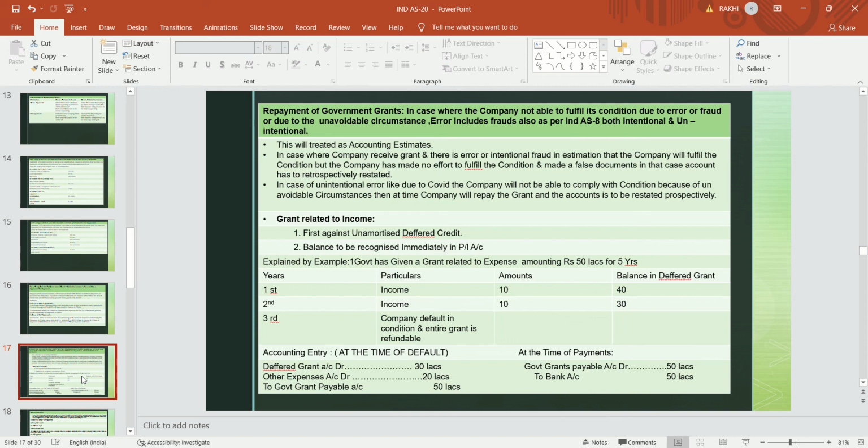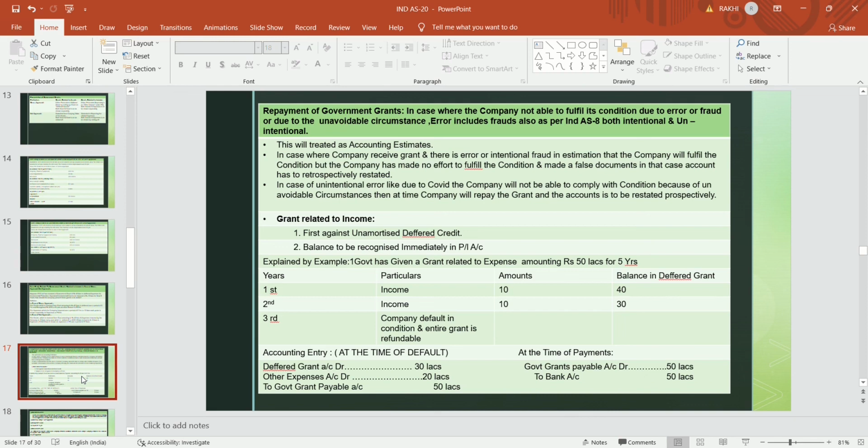In both cases they have to repay, but in unavoidable circumstances, which are not caused intentionally by the company, the company restates its financial statements prospectively. But in case of fraud or intentional error, they have to restate its financial statements retrospectively.